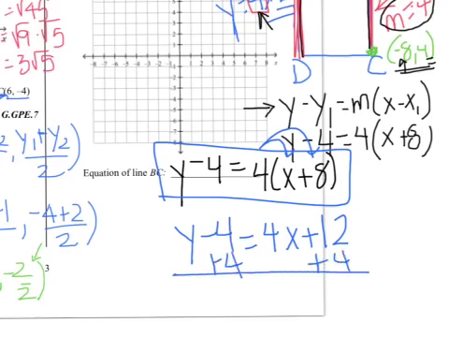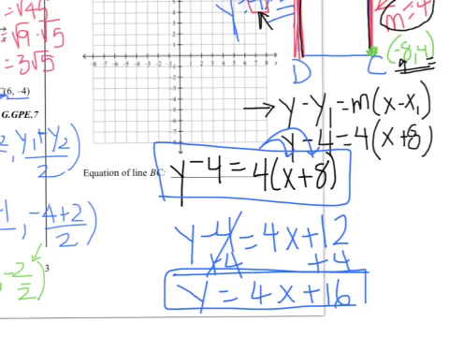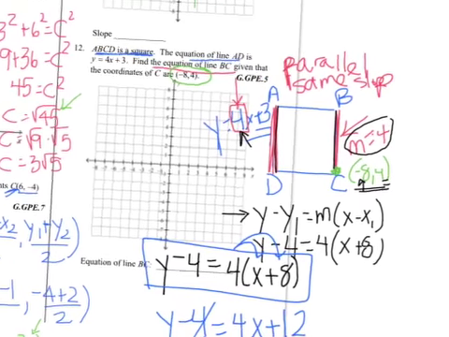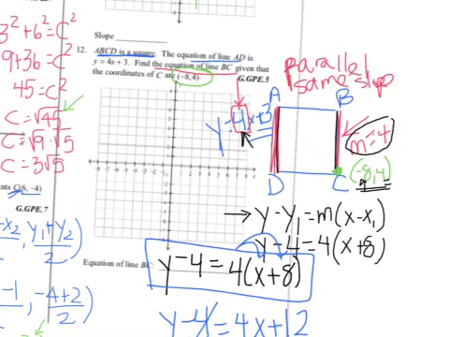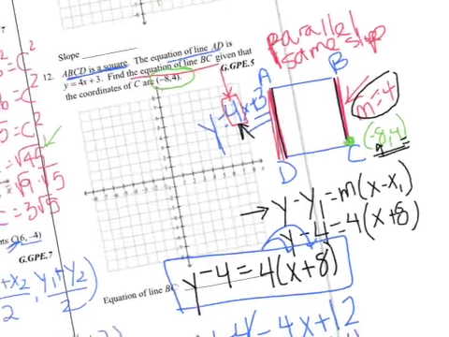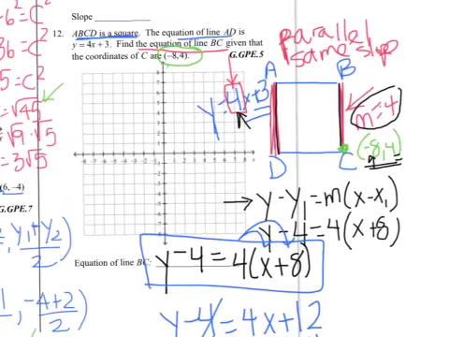So the other possible equation you could write is y equals 4x plus 16. In either case, notice that the slope is 4, and that was because the other line that we're looking at, line AD, is also parallel, so they have to have the same slope.